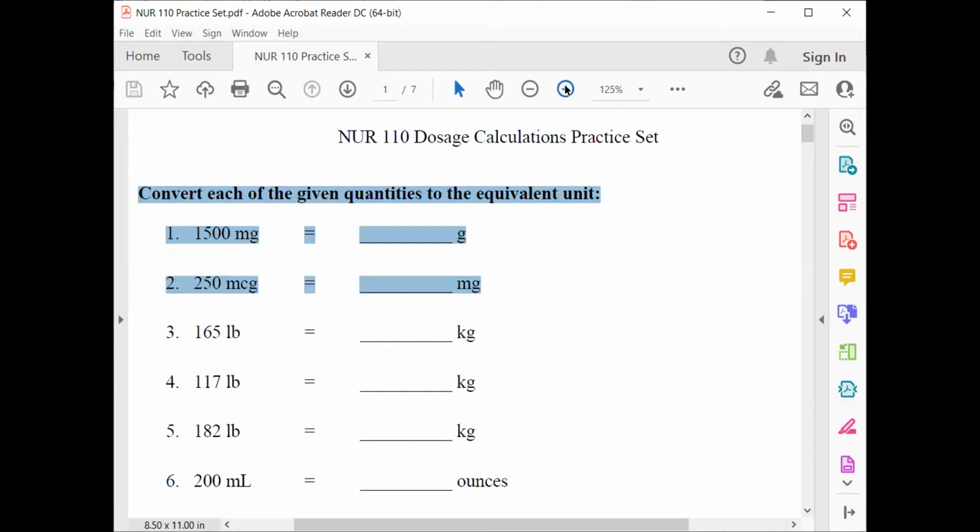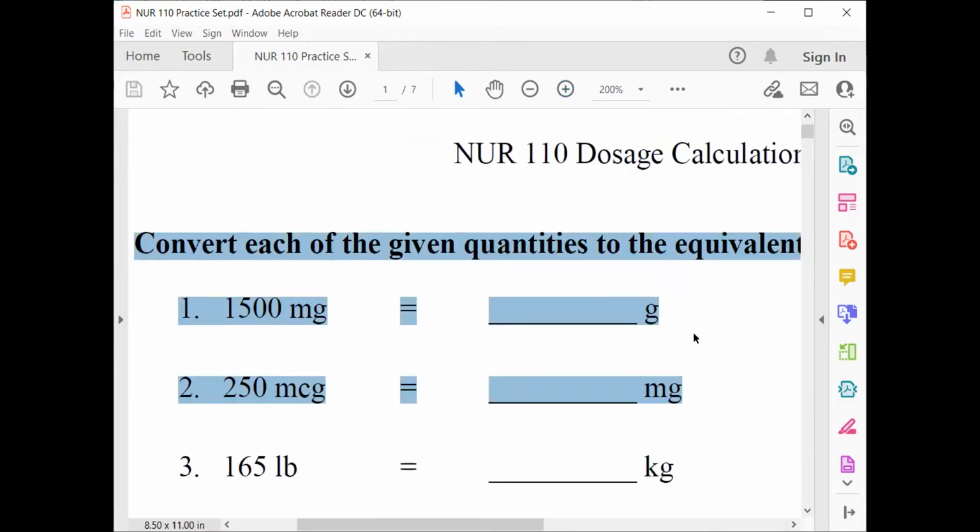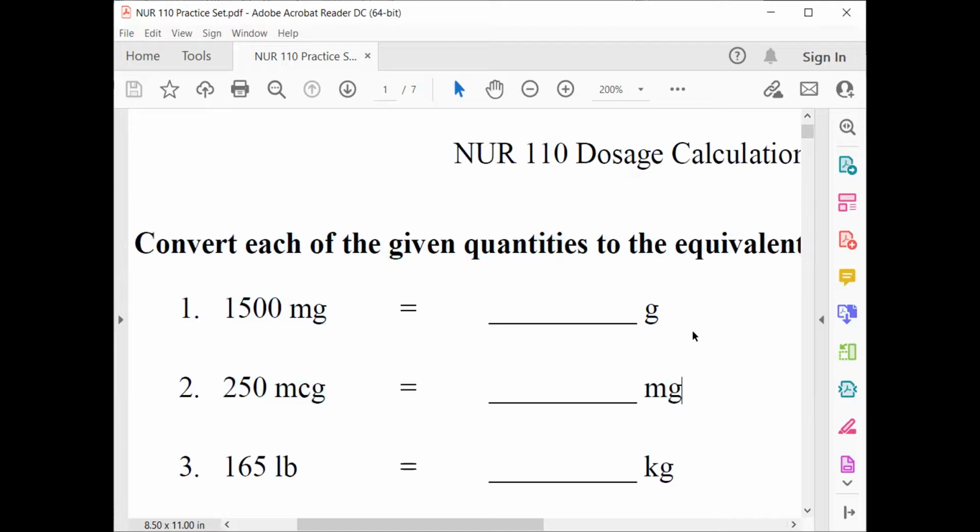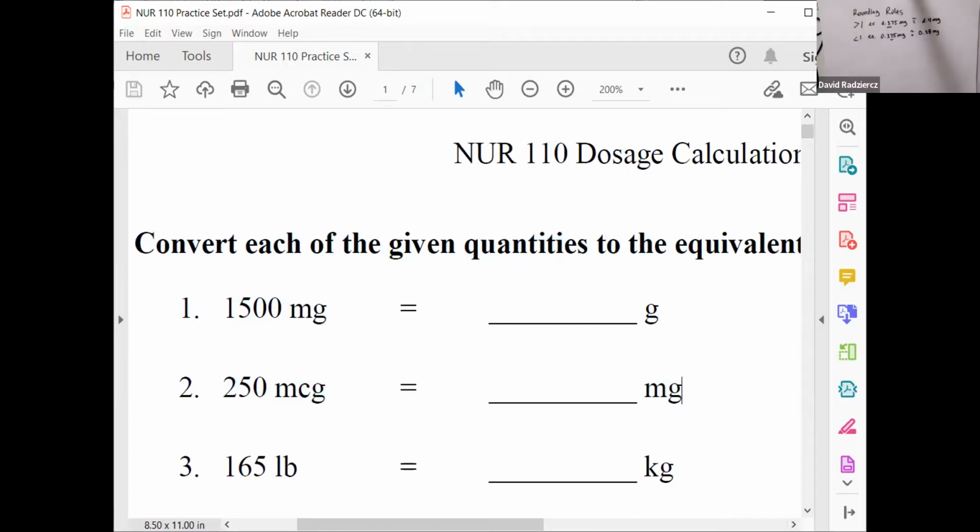So let me blow these up so you can see. We have two questions, and I'm going to turn on my camera and work them out, and show you how I would set these up. We have 1,500 milligrams, and we want to know how many grams that is. And then we also have 250 micrograms, and I want to know how many milligrams that is.